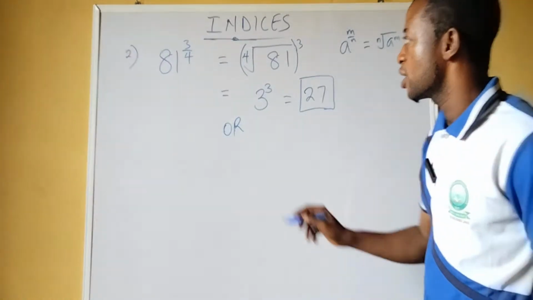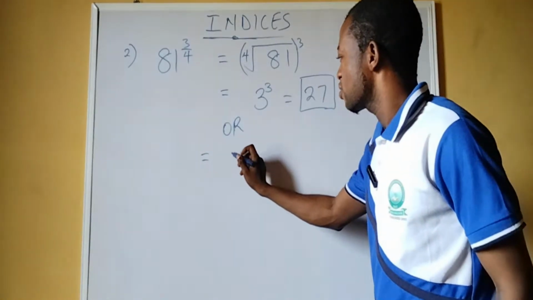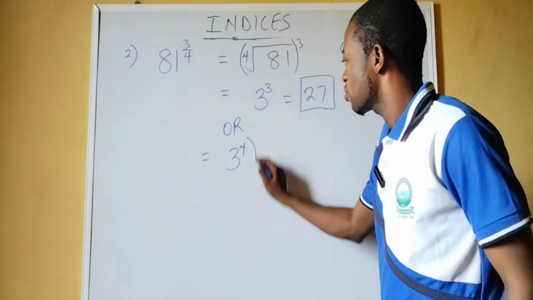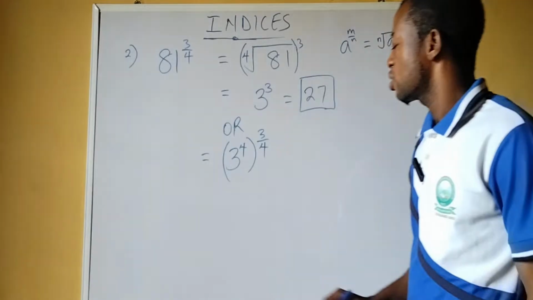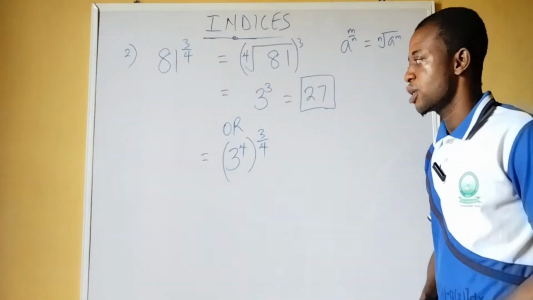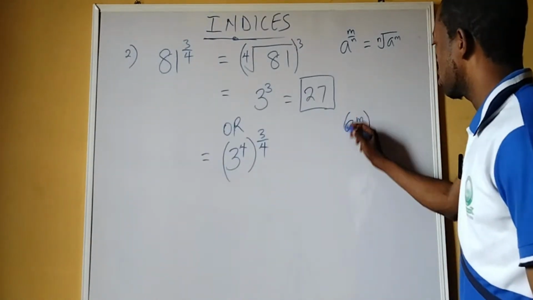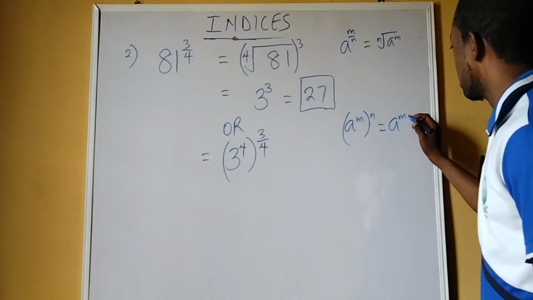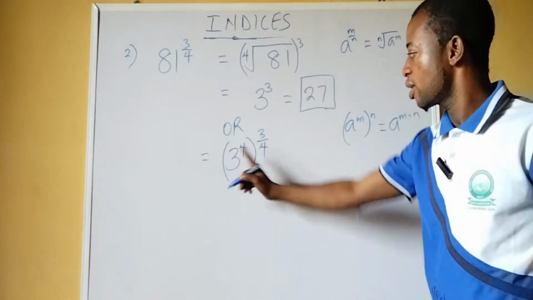we can decide to rewrite this 81 here and say 81 is 3 raised to power 4, which is now raised to power 3 over 4. Then applying the third law that we have, that whenever we have a raised to power m, then raised to power n is the same thing as a raised to power m times n. In the same way here, this power multiplies.